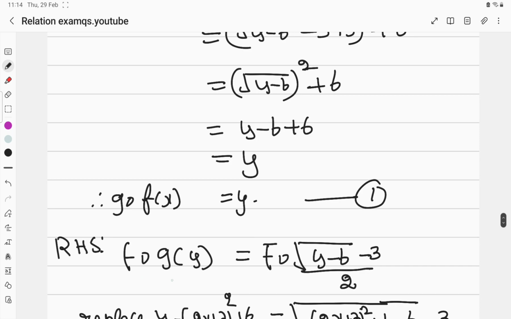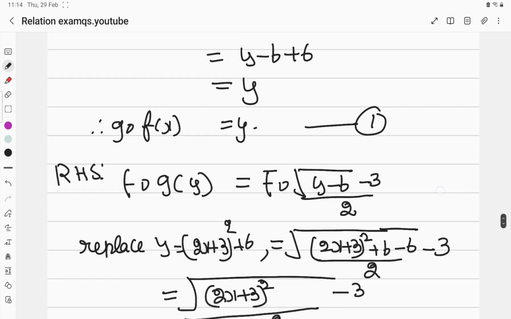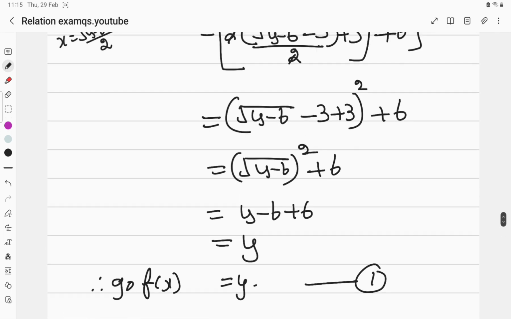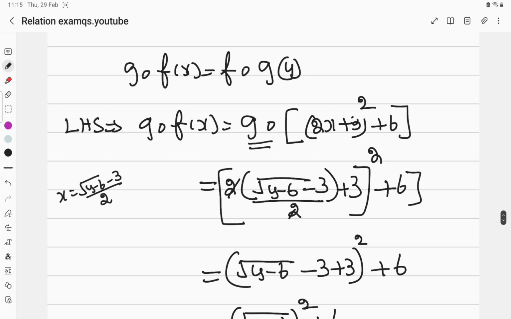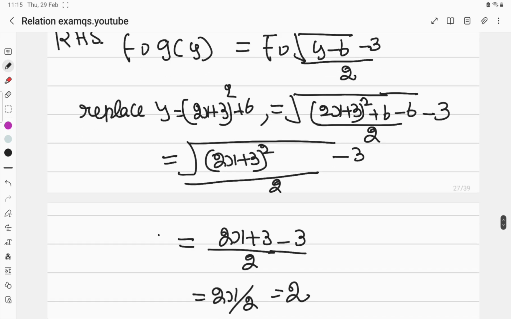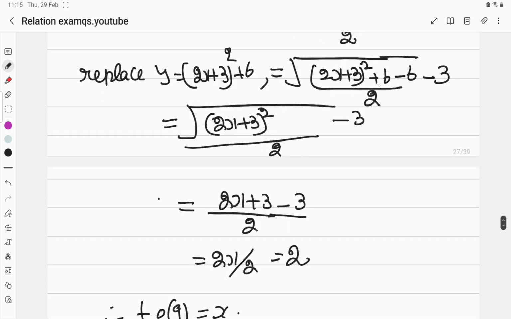Then, consider f circle g of y. So, g of y, we know that root of (y minus 6) minus 3, (2x plus 3) the whole square plus 6, minus 3, by 2.